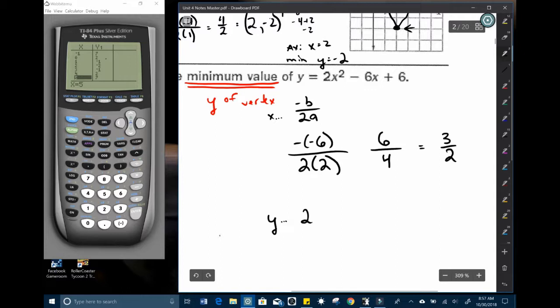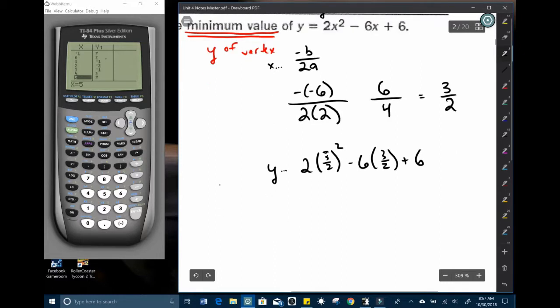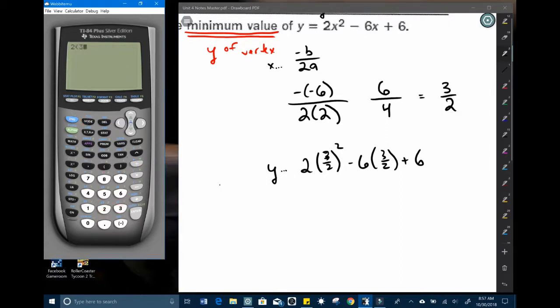So 2 times 3/2 squared minus 6 times 3/2 plus 6. If you're not confident with your fraction skills, use your calculator. 2 times 3/2 squared.